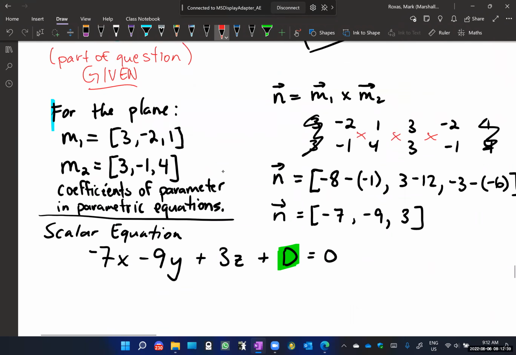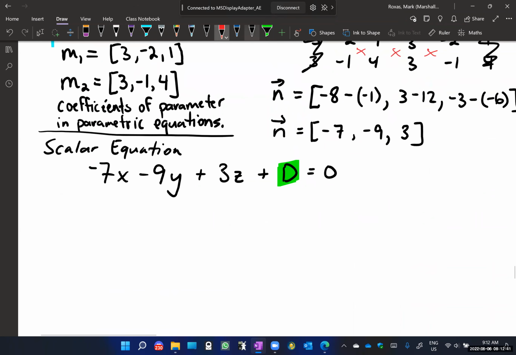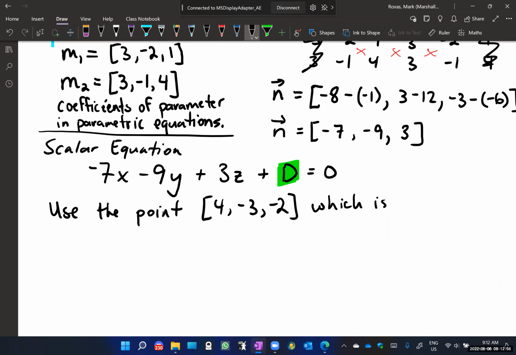Logically. So I can use the given point 4, -3, -2, which is on both the line and the plane.